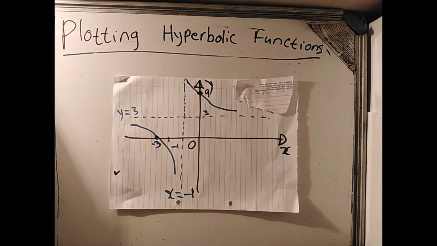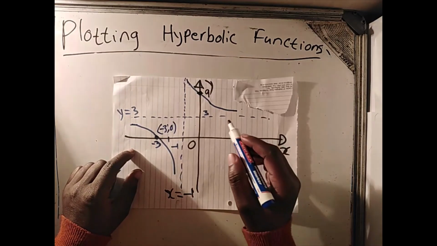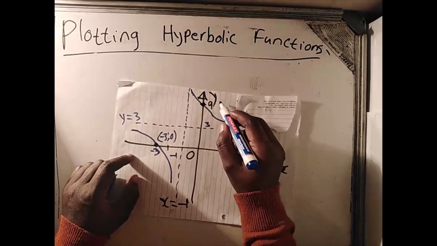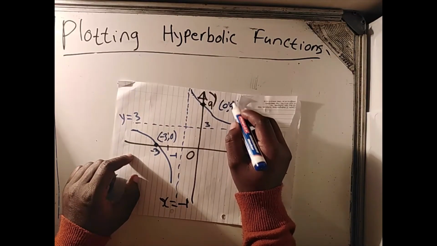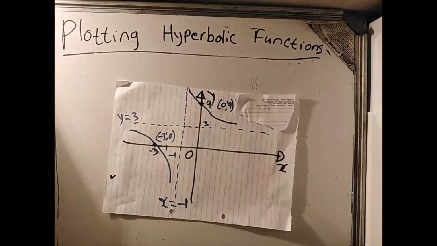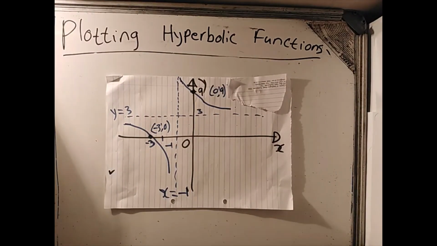So how are we going to do that? Remember, this is x equal to minus 3 and y is 0, and here x is 0 and y is 9. These are intercepts. So let's say you were given this, and now you must find the graph's formula. How to do that?